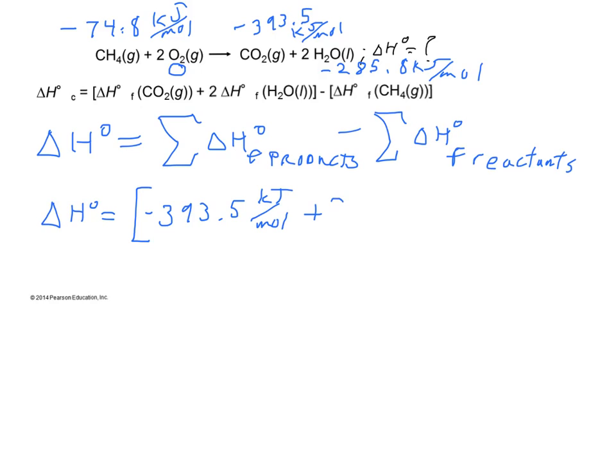So we have to include that number of moles in our calculations, right? So we're going to multiply 2 times the enthalpy of formation of water. Minus the sum of the enthalpy of formation of the reactants. Well, of our 2 reactants, oxygen has an enthalpy of formation of 0, so that leaves us with 1 mole of methane to deal with.